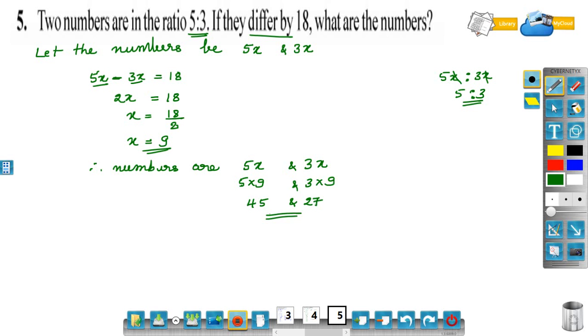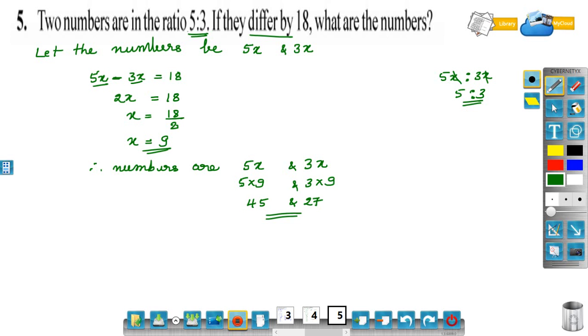Therefore, the two numbers are 45 and 27. Difference of these two numbers is 18. If you simplify 45 is to 27, you will get 5 is to 3. Therefore, two numbers are 45 and 27.